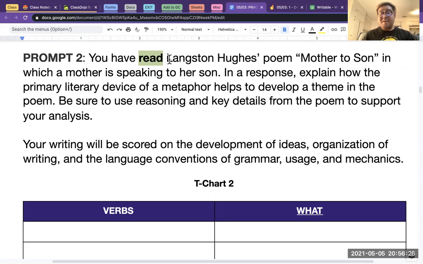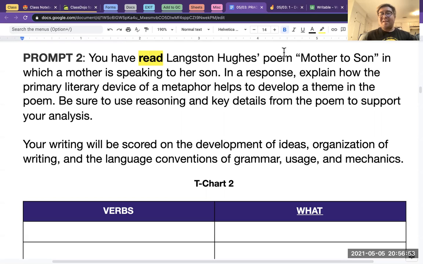It's a tricky question because I feel like everyone will say it's past tense, because that's how you would read it, right? You have read Langston Hughes' poem. But in this case, because you are reading this prompt before you read the text passage, I think of this word in present tense. And I will explain why in a second.